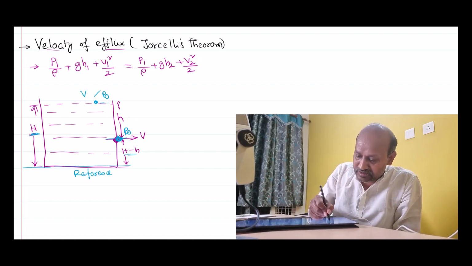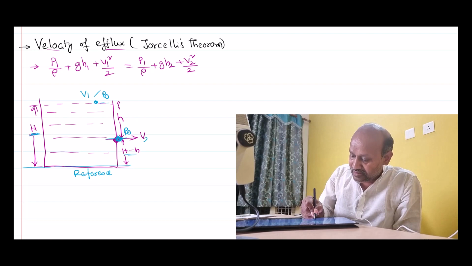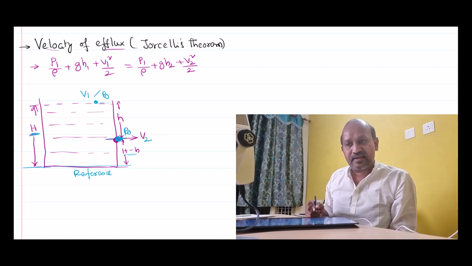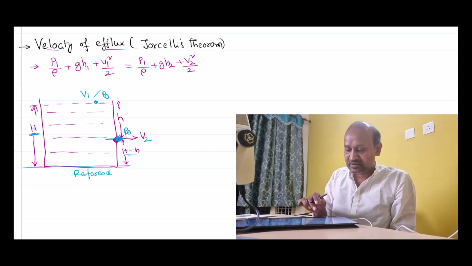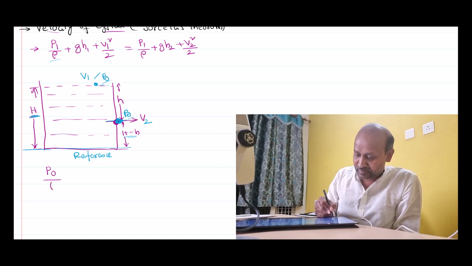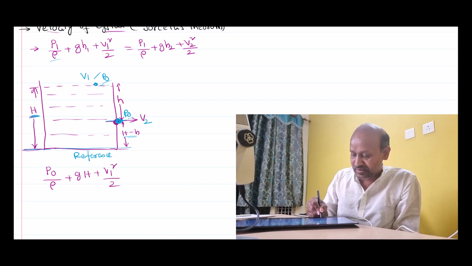At this point, let the velocity be v1. At this point, the outer exit velocity is v2. Let's apply Bernoulli's theorem. In the place of p1 and p2, both are open to atmosphere. Therefore, P naught by rho plus g times the height of that point with reference to the reference, which is capital H, plus v1 square by 2.